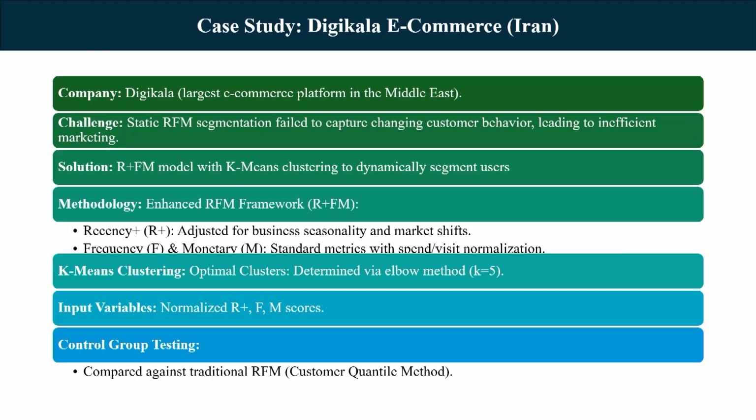K-means clustering, optimal cluster determined via the elbow method, where k is put as equal to 5. K equals 5 means we are generating 5 clusters. The input variables were normalized R plus FM scores and control group testing was done, compared against the traditional RFM customer quantile method.